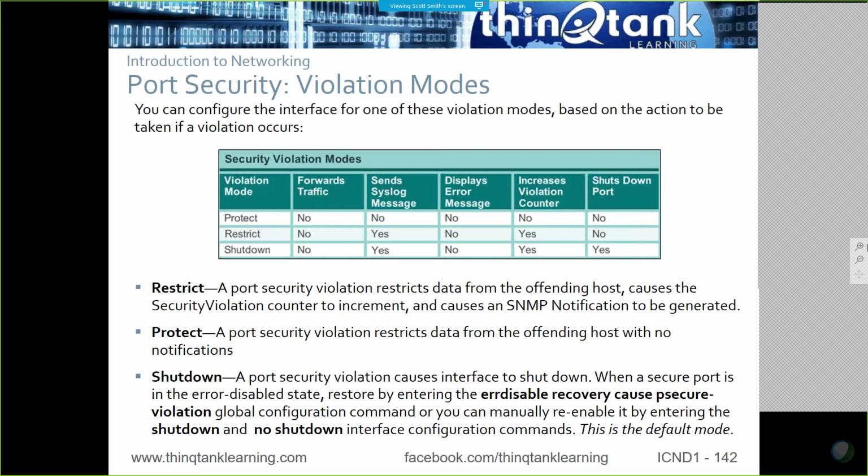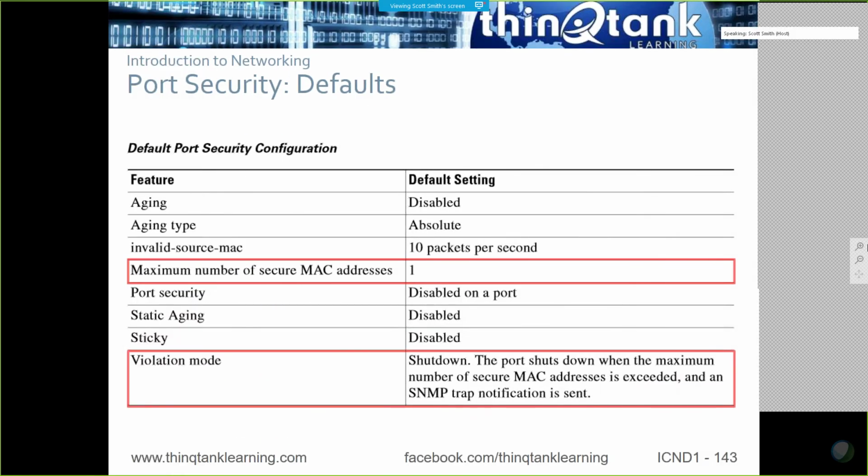All right. Let's take a look at some of the defaults, and then we'll take a look at some of the configurations. When port security is enabled on the interface, there are two defaults you're going to have to know about. Number one, the maximum number of MAC addresses that's allowed on the port is 1, and the violation mode is shutdown by default.